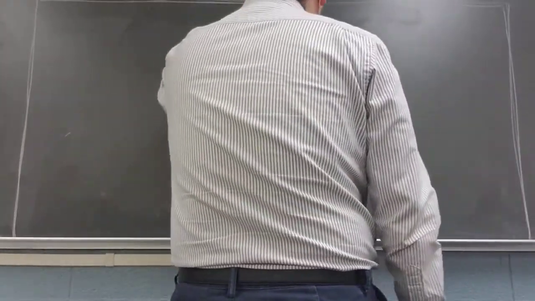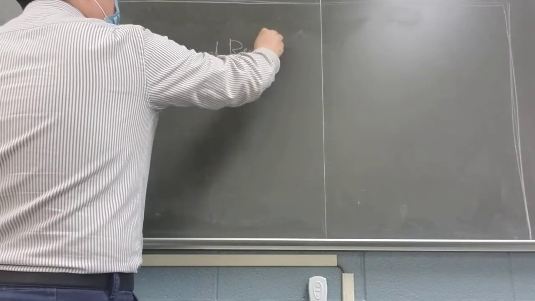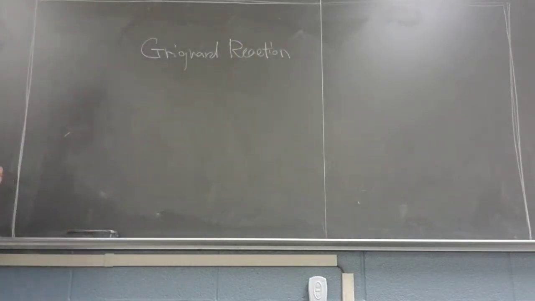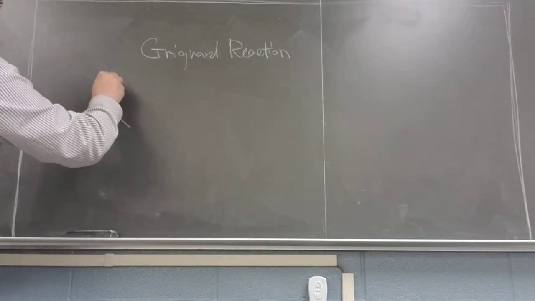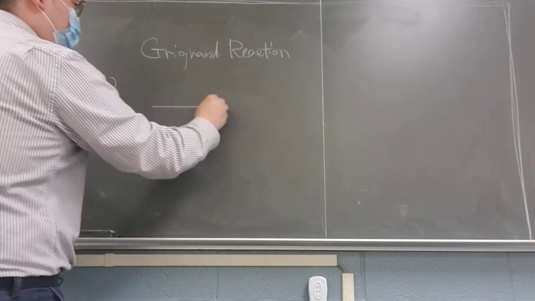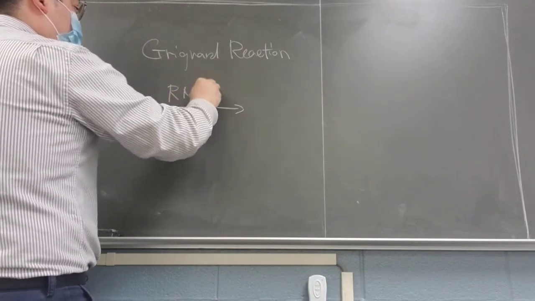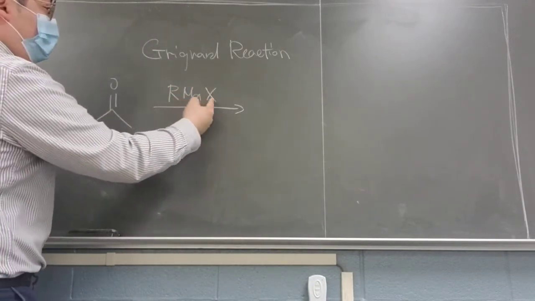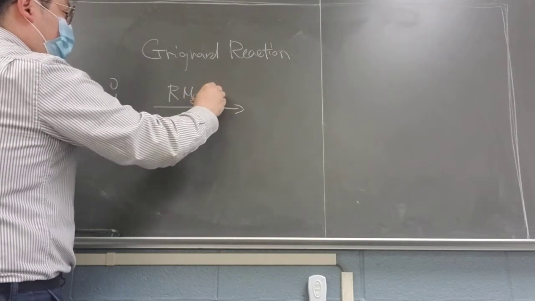Good. All right. So the next one is what we call the Grignard reactions. We're going to treat the aldehyde or the ketone with this form: R magnesium X. X is any halogen you can try, so I'm going to change this one to maybe bromine here.